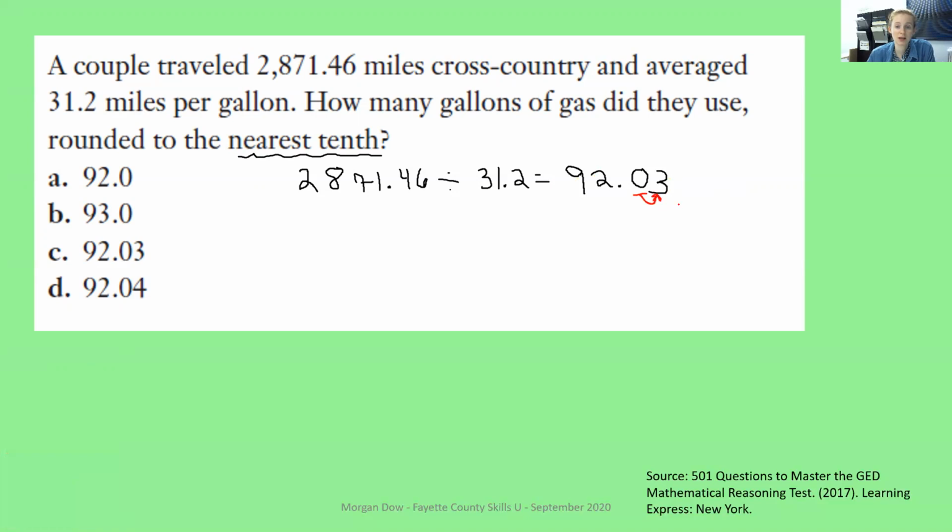My 3 tells me I should round that 0 down. So 92.03 would round down to 92.0 miles. Sorry, gallons. I keep saying miles. I meant gallons. 92.0 gallons, right? So total miles divided by miles per gallon will give you your total gallons of gas.